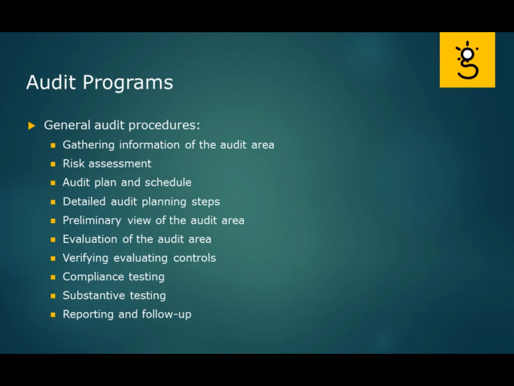Now, we should, as best as we can, have detailed audit planning steps. Again, I don't want to just walk in and say, well, I'll start over here. I want to see a plan because every process may have some subordinate processes it depends on. And so when I'm starting, I don't maybe want to look at a subordinate process first, but maybe look at it in an organized method, saying, okay, I'm going to look at this process.